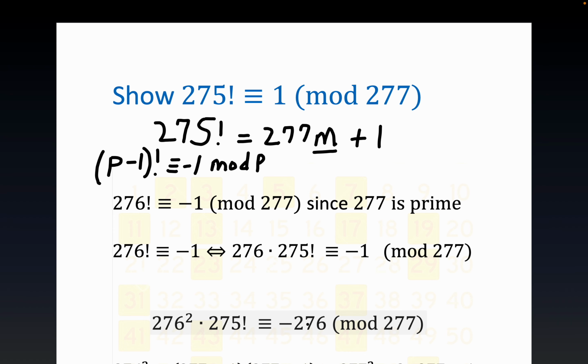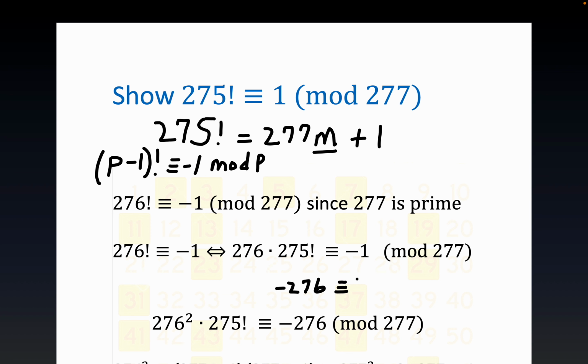Well, notice that minus 276 is congruent to 1. So that's good news, right? Let me just write this down right here. Minus 276 is congruent to 1.